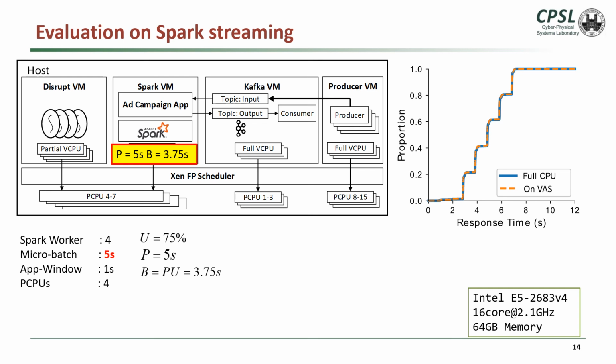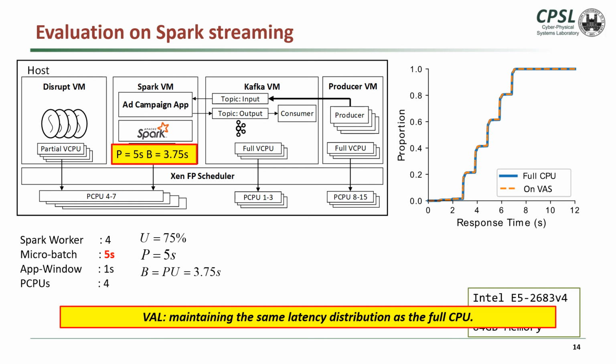According to the cumulative distribution function of the 2 settings, we successfully approximated the latency distribution of a full CPU, and thus achieved our VAL. So we also maintain the same latency distribution as a full CPU for this case.